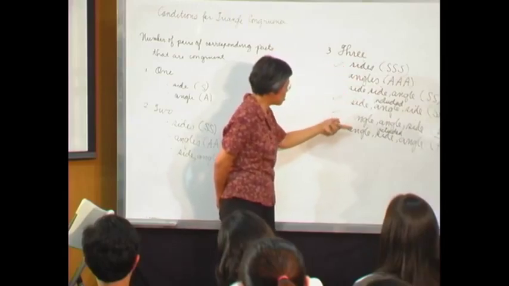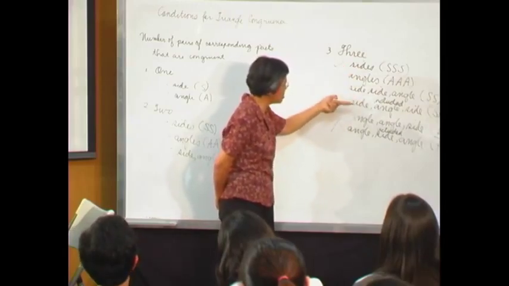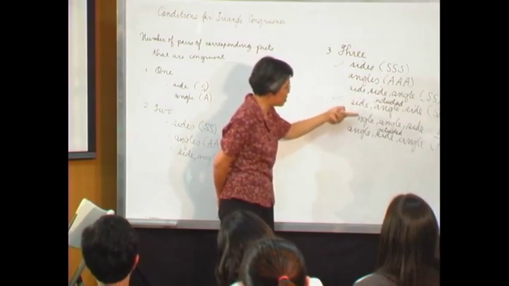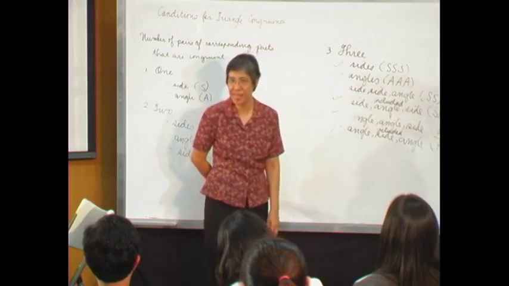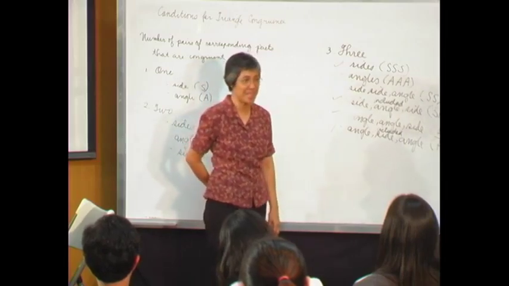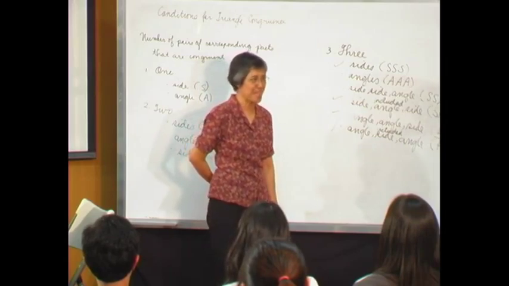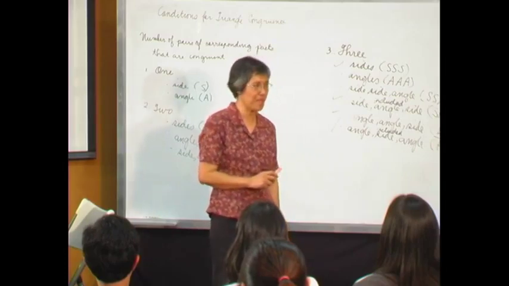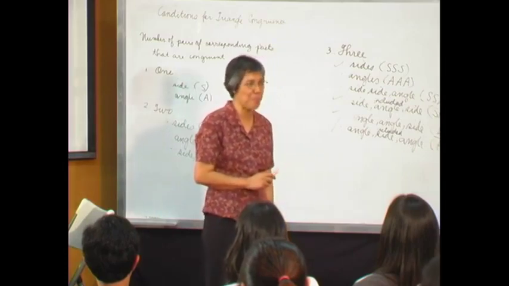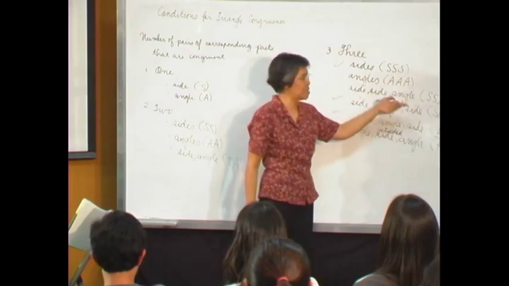In the activity that we had, we were able to show that these conditions, SSS, SAS, ASA, were able to give us 2 triangles that are congruent, right? We didn't prove that. And there was no group here which was able to give any counterexample. All of you were able to get 2 congruent triangles for all the conditions.